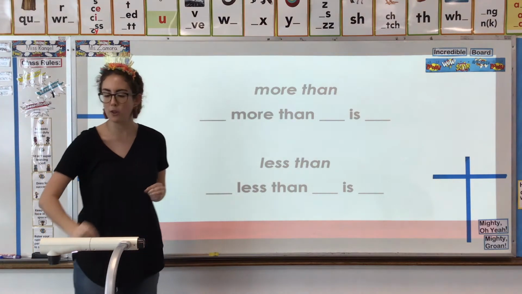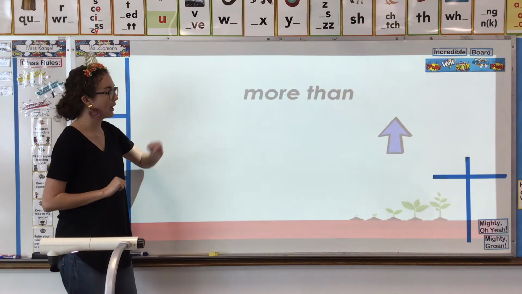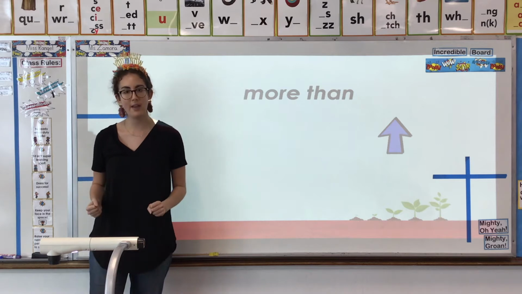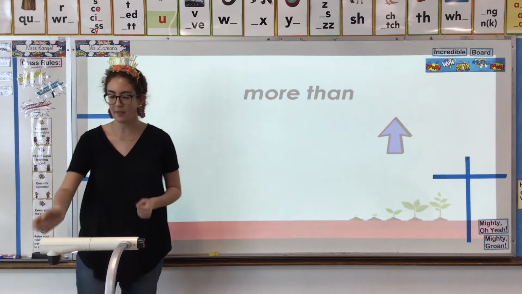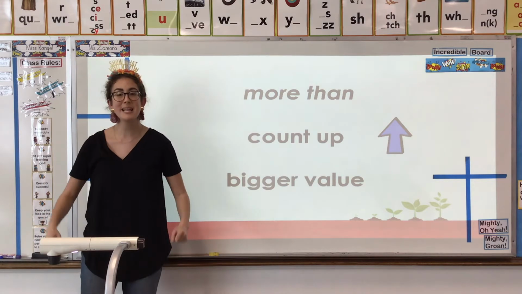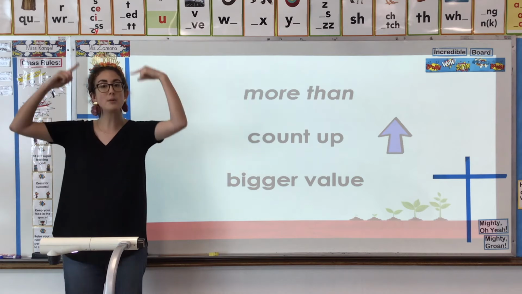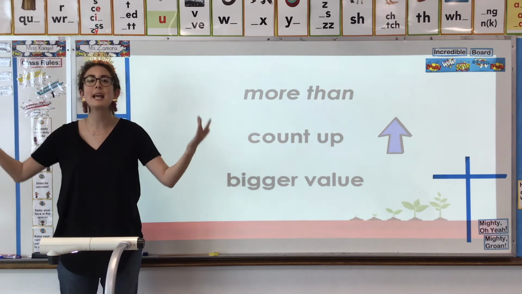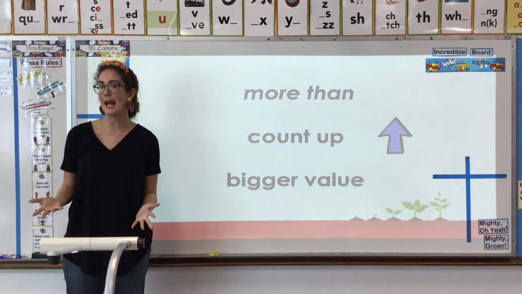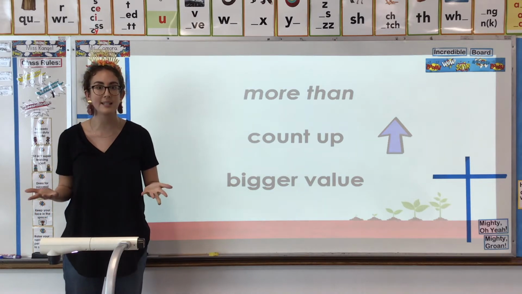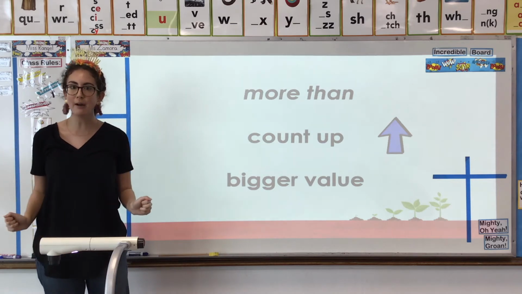So let's talk about those specific words a little bit more. So second grade, when we're saying more than, that one more than this number is another, what we are doing is counting up. We've done this before. We're counting up and therefore getting a bigger value. So when we're changing numbers and we notice there's more than, it's because we counted up and we got a bigger value.